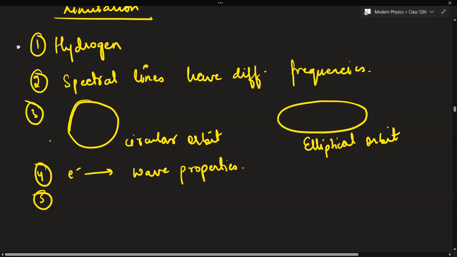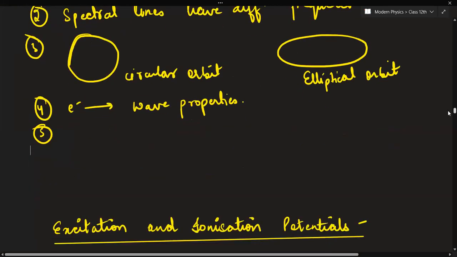The fifth limitation actually consists of two terms, the Zeeman effect and the Stark effect. These are two phenomena that occur. The Zeeman effect basically says that the spectral lines we have been studying were in vacuum.